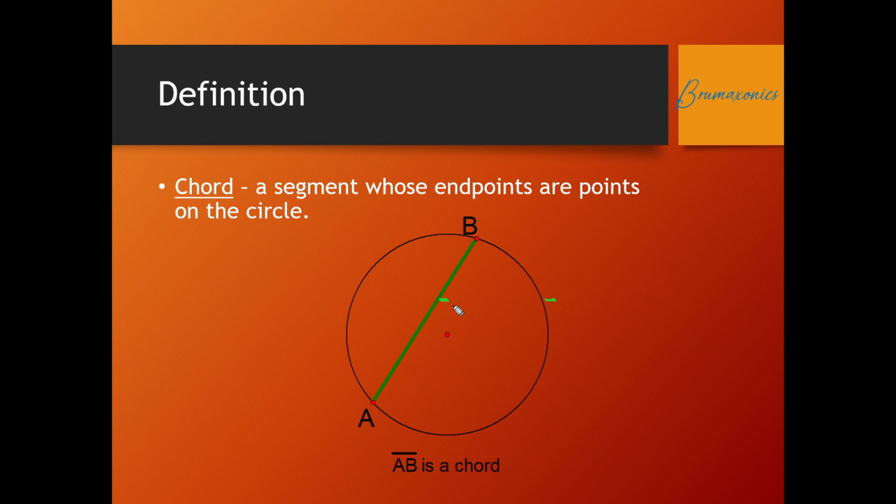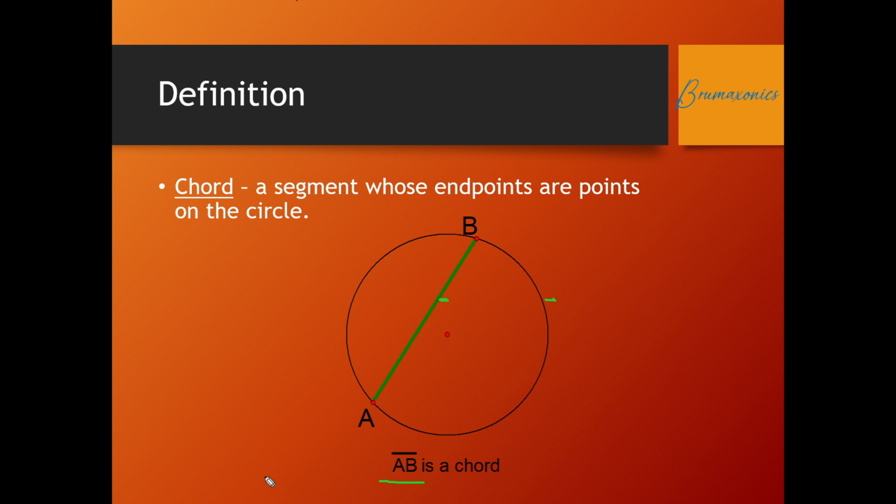So then that will be called a chord, right? This will never pass the circle or go outside of the circle, and even at point A it will never go out of the circle. So you can represent that as AB is a chord, right?